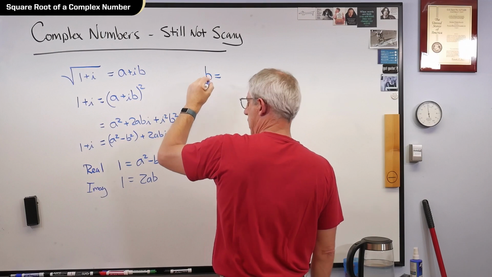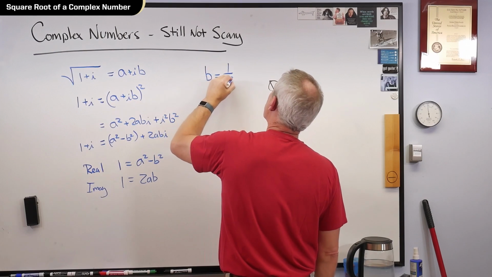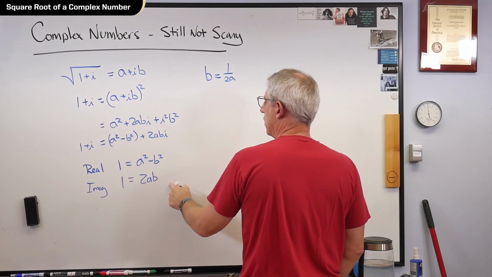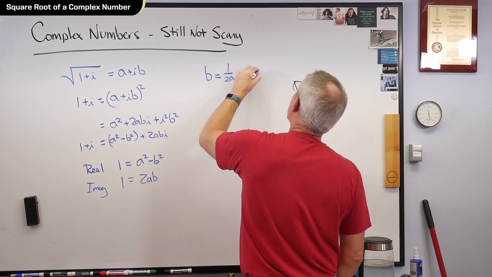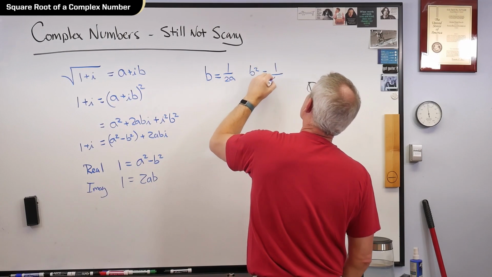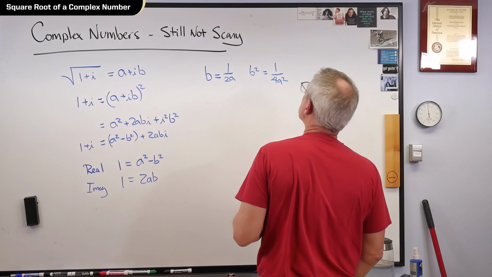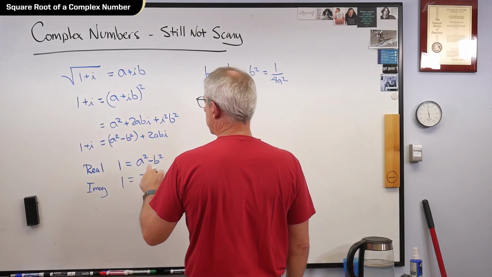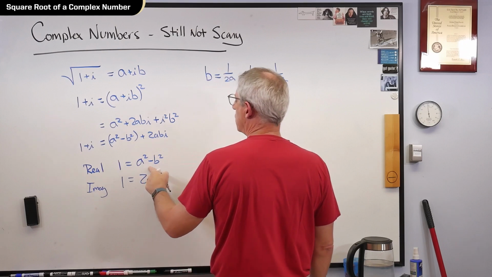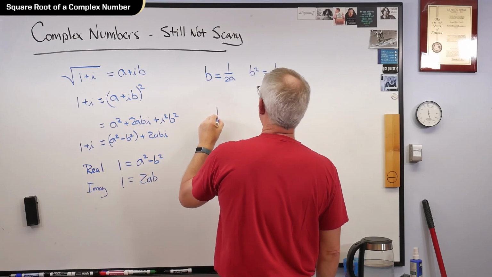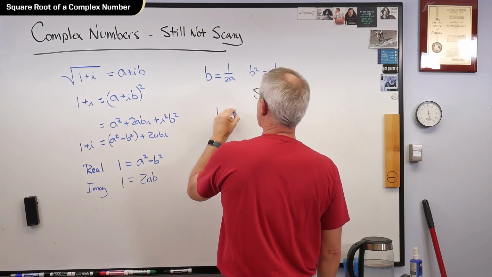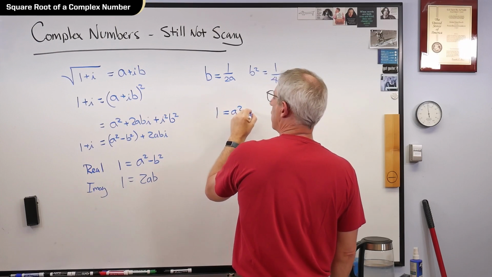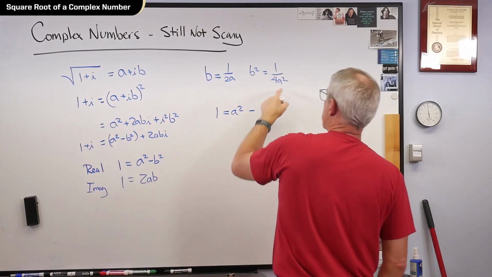b has to equal 1 over 2a from right there. So b squared has to equal 1 over 4a squared. All right. So what's this look like? Let's substitute that in right there. So 1 has to equal a squared minus b squared, which is that.